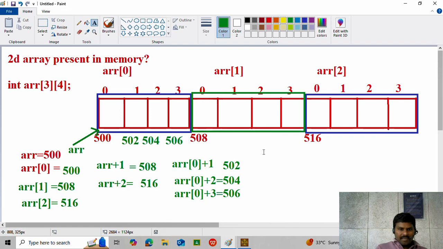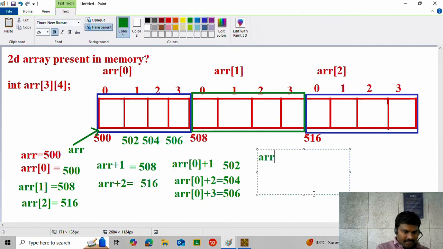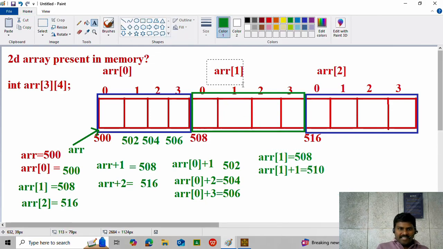Next, arr of 1 value is equal to 508. Arr of 1 plus 1 means this one is pointing to the next location. So please remember this is an integer pointer. Whenever we increment by one, this is pointing to the next address.